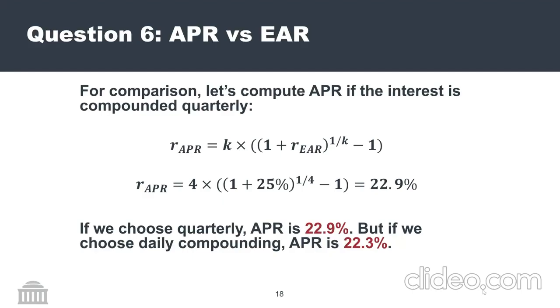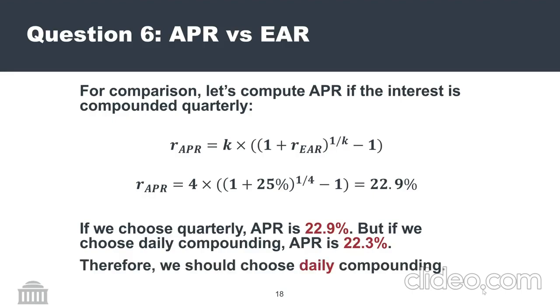But if we choose daily compounding, the APR of 22.3% would still give us the effective annual rate of 25%. So given that we want to earn an effective annual rate of 25%, and we want to display the lowest APR to our customers possible, we should choose daily compounding. This would allow us to advertise an APR of 22.3%.